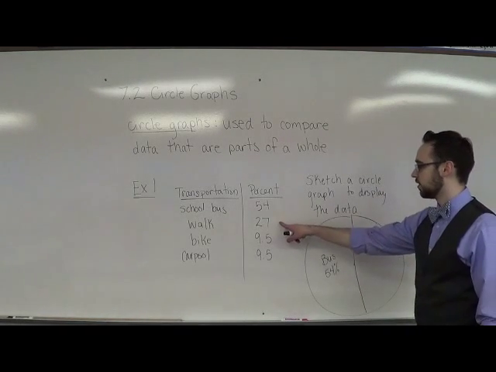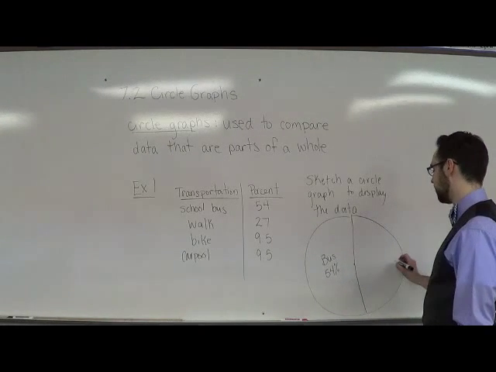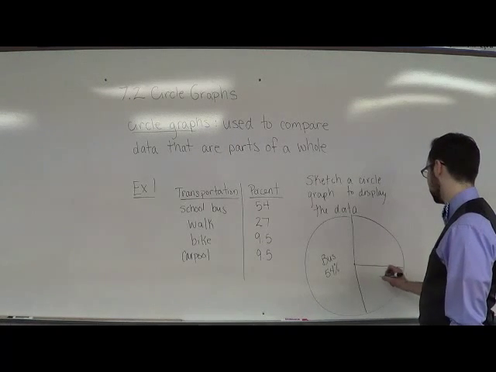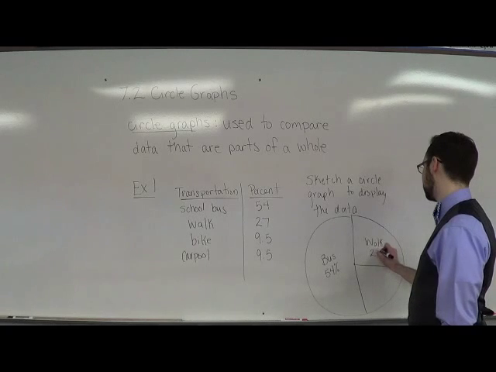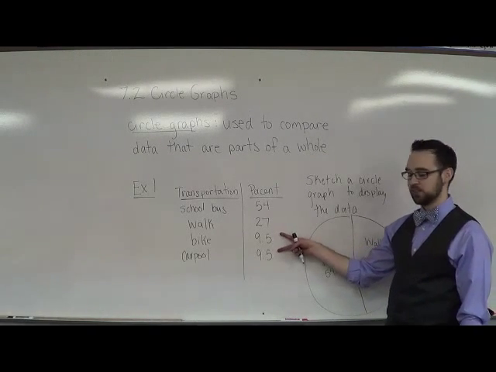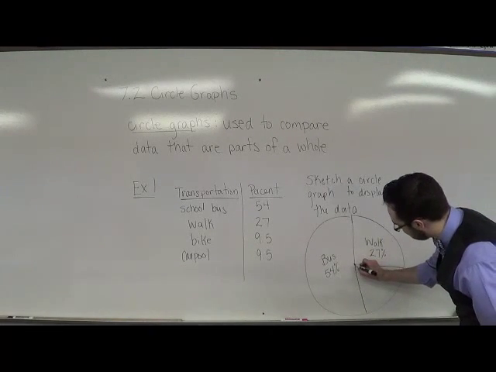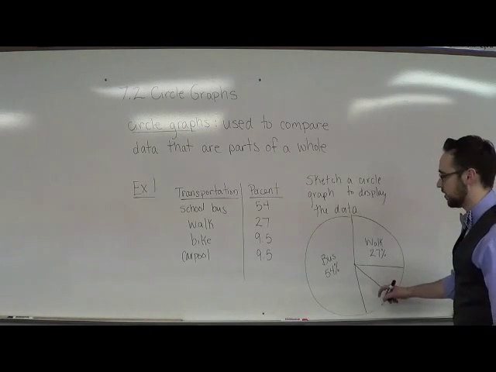Now for walking, that's 27%. If I were to come over straight, this is 25%, so I'm going to go down just a little more than that. So this is walking, and it's 27%. Now notice these are both the same. It doesn't matter if we're exactly at 9.5, but I want to make sure to divide this piece right down the middle so that these are both the same.